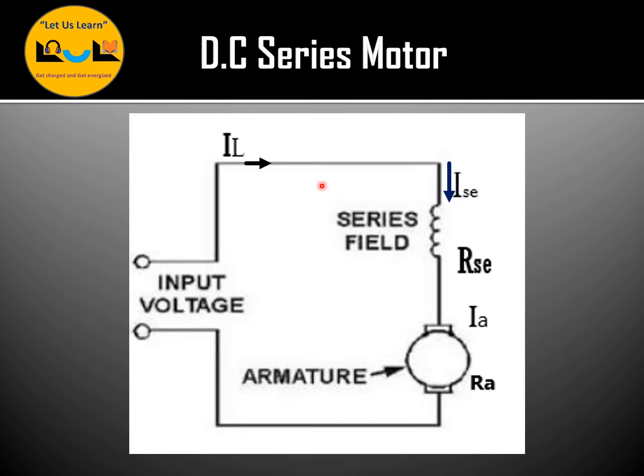Now we are going to discuss the DC series motor. Series means the two main windings, the series field winding and armature winding, should be connected back to back.